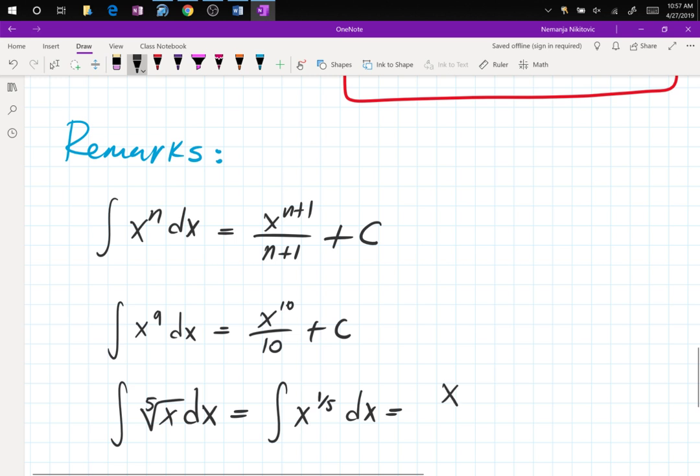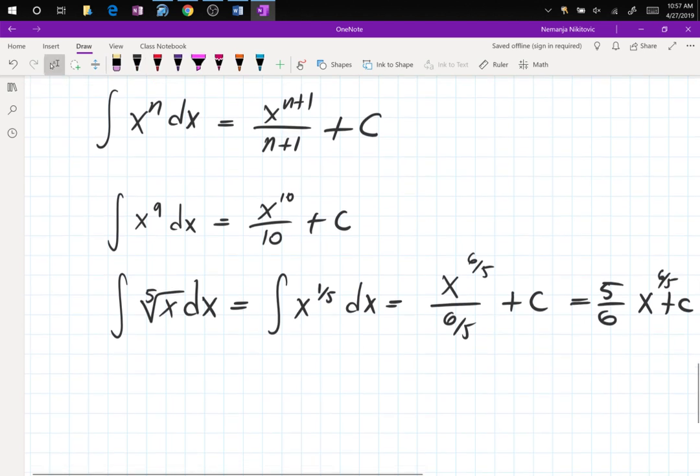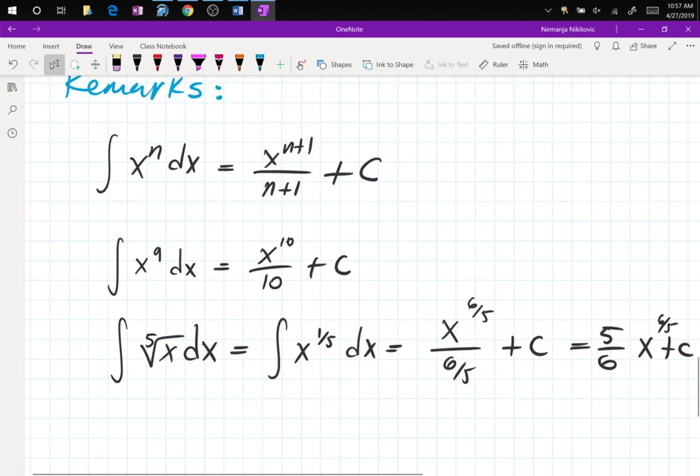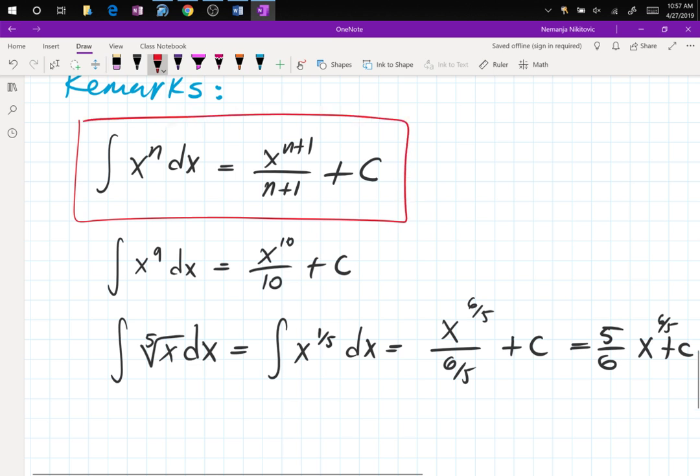So x to the 6/5 divided by 6/5 plus c, which is 5 over 6 x to the 6/5 plus c. So if you have any kind of a root, just on x obviously, you are still using the same rule. So this rule over here is going to go for all types of problems.